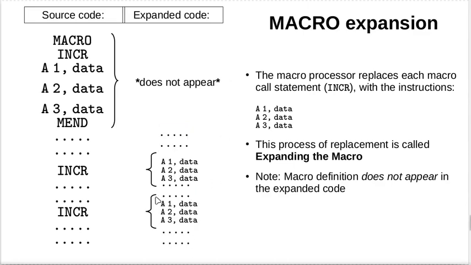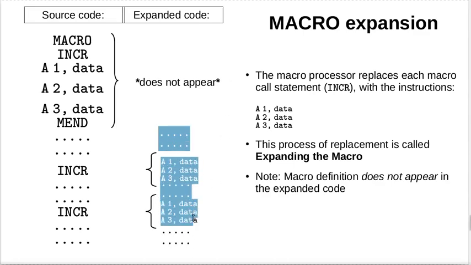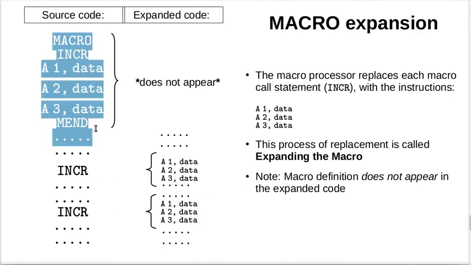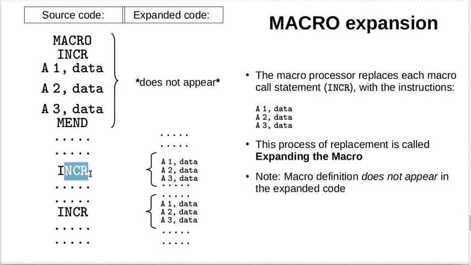This expanded code is the original or the simple version of the program where all the instructions are written down. But this expansion is done by the macro processor itself. While writing the program, we are not putting in an expanded version. We are putting in a version where we have used the macro definition and macro calls, right?